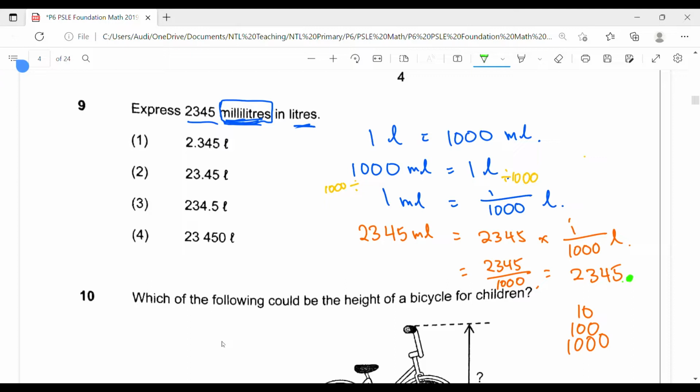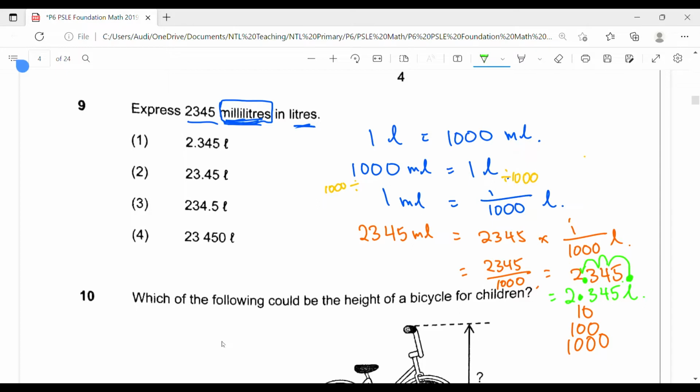Now we're dividing by 1000, and you see that 1000 has got 3 zeros. Because we divide, we're moving the decimal place to the left. By how many places? 1000 has got 3 zeros, so we move it 3 times. 1, 2, 3. And so the decimal place now ends up here. And this is our answer, 2.345 liters.